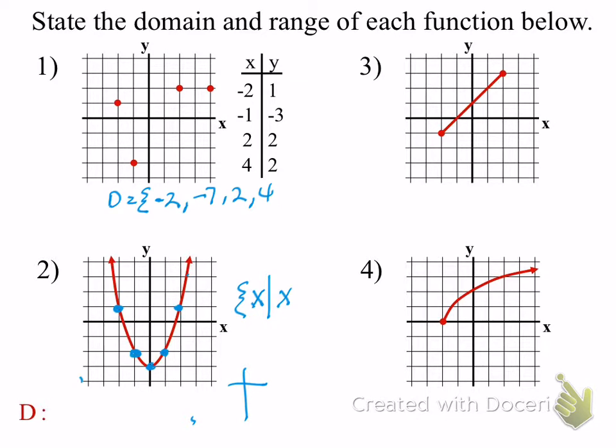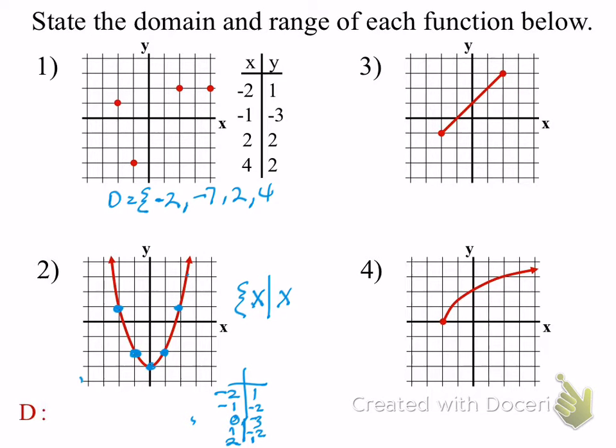So -2, 1. The next one would be -1, -2. The next one would be 0, -3. The next one would be 1, -2. The next one would be 2, 1.